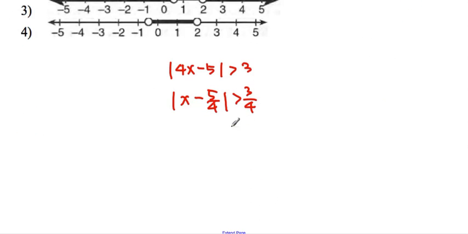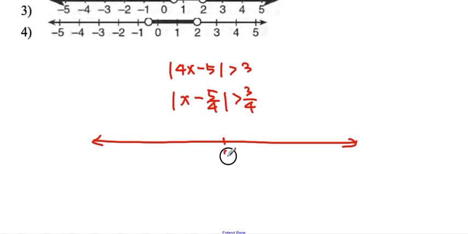What does that mean? It means from 5 over 4, I'm going to go up by 3 over 4. Then I get 8 over 4, isn't it? I'm going to go down by 3 over 4, then I'm looking at 2 over 4, which means basically 1/2, and then 2.